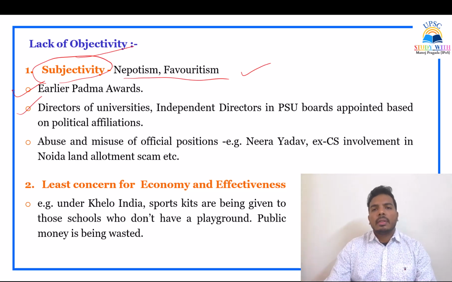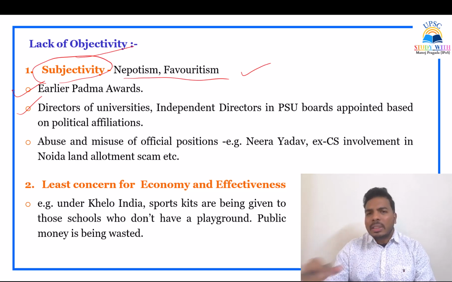Similarly, our universities have a huge impact on society because they teach the students, the upcoming generation. The directors of those universities, vice chancellors, as well as independent directors in PSU boards, all those appointees are based on political affiliations. There is no objective criteria.